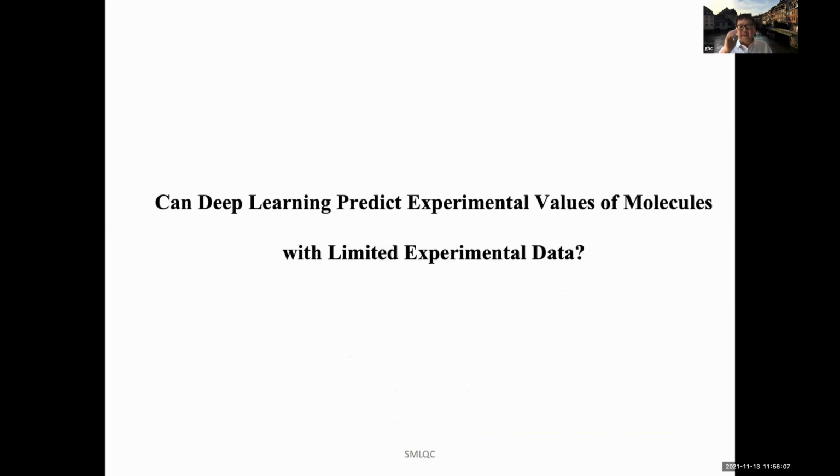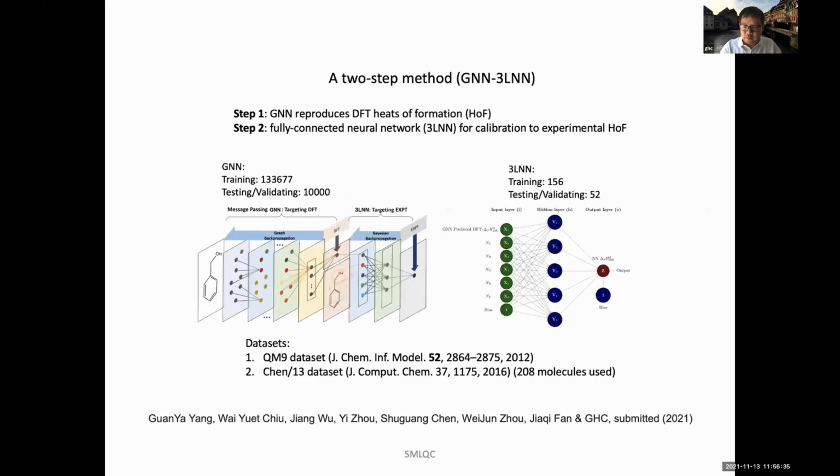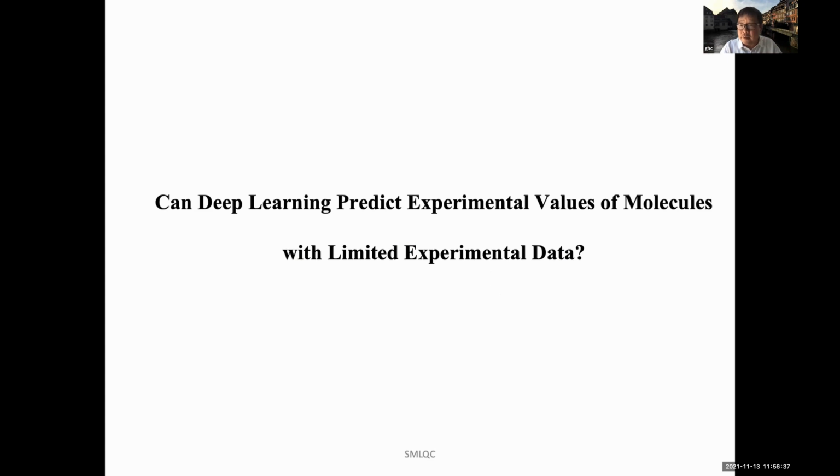Finally, I want to finish my talk with this question. Can we use deep learning to predict the value of experimental measurements for our molecular properties? Can we do this? Why not? We don't have enough data, because experimental data is hard to get. In fact, that's easy. If you think about it, trivial.